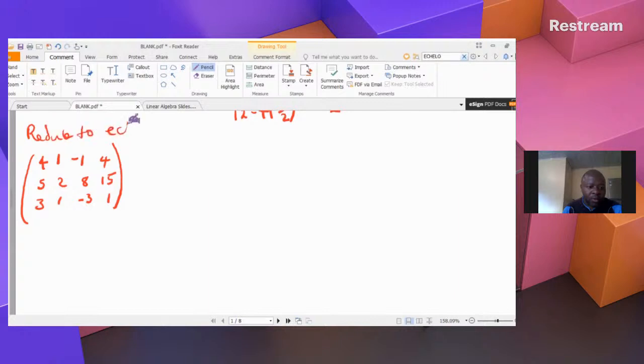We also say that we can call it row echelon form. So, reduce to echelon form. Let me change the color of the pen.